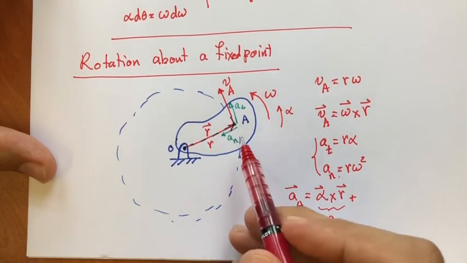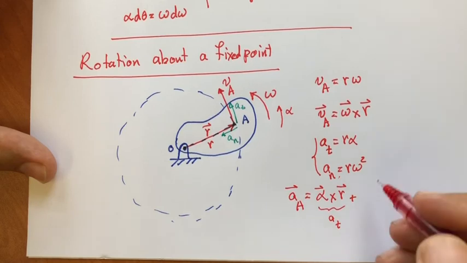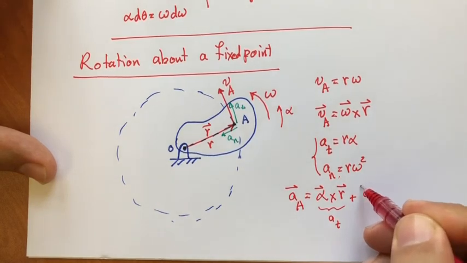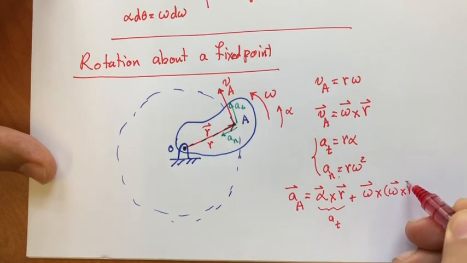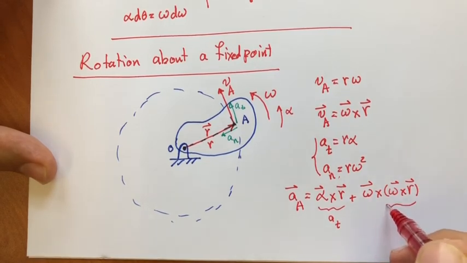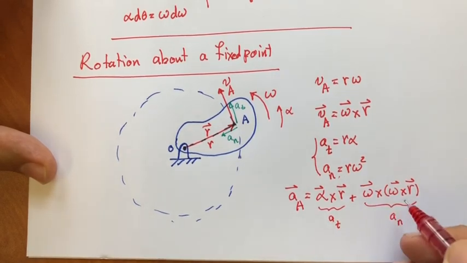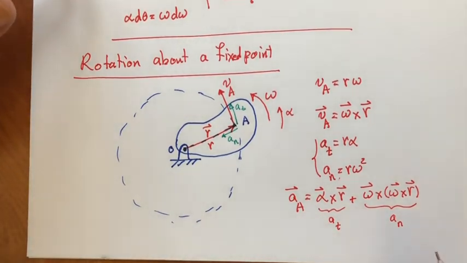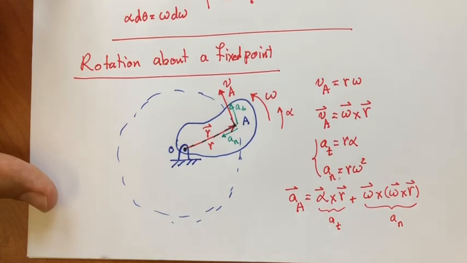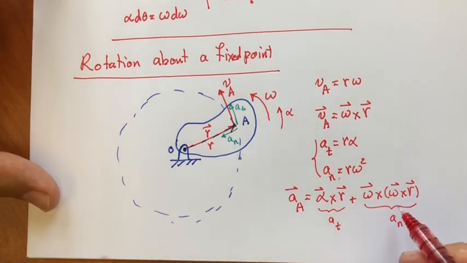And also, the normal acceleration, we can prove it's going to be equal to omega cross omega cross r in general. This is true for a planar movement and also for 3D movement. But we can prove, again, this is a simple thing that you can prove yourself.